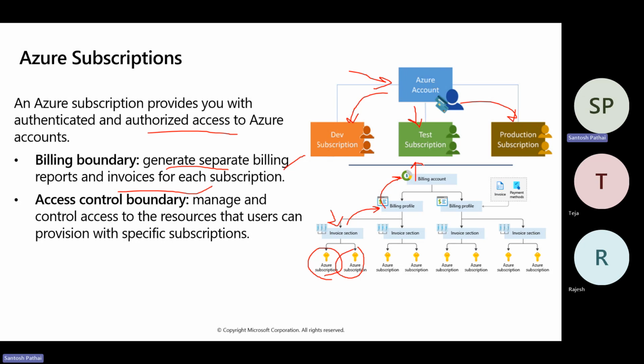So we can have, in this single account, different billing profiles. Each billing profile can have its own invoices and own payment methods, and each invoice section can have multiple subscriptions. And in a single subscription, you can have multiple resource groups and multiple resources.